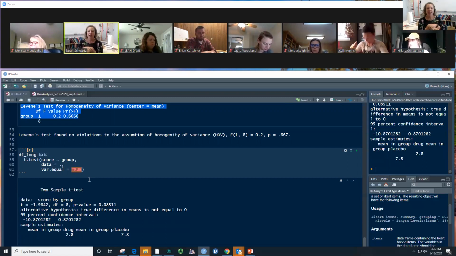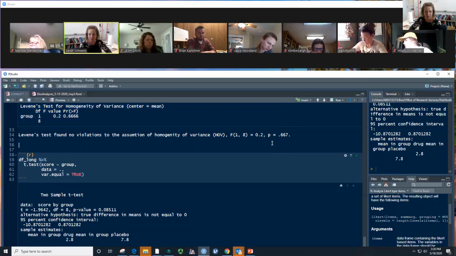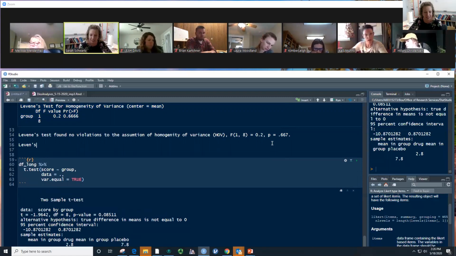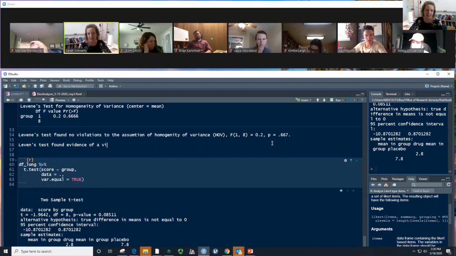If our p-value had been tiny, we would say Levene's test found evidence of violations of the homogeneity of variance assumption.